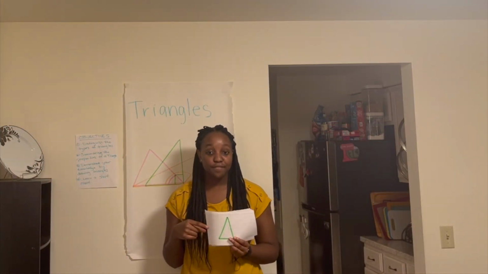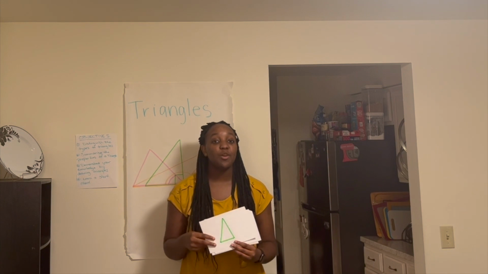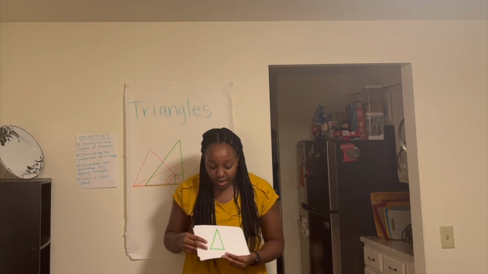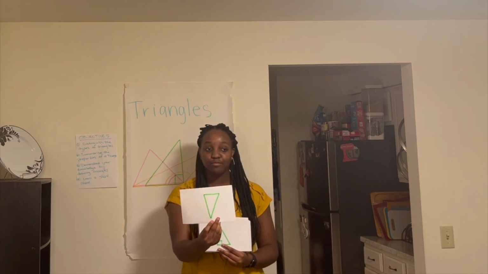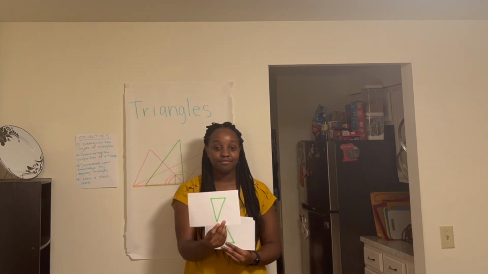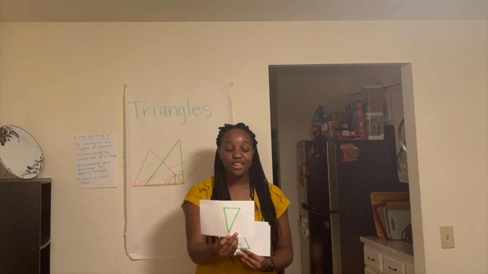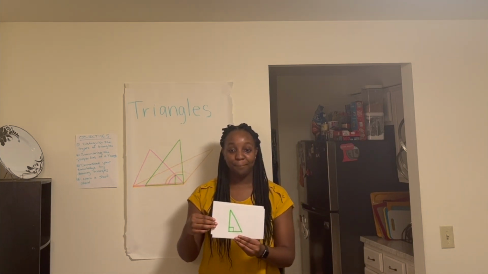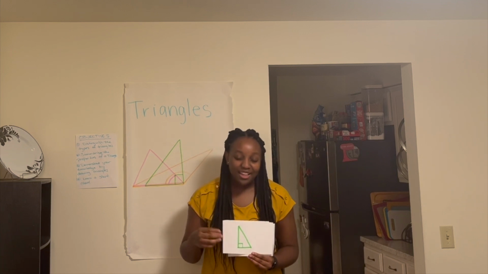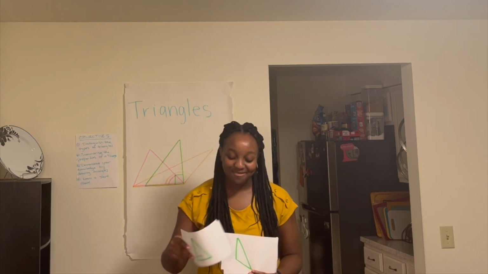So we're gonna do a quick check for understanding. I'm gonna show you the flashcards, and then you can tell me what type of triangle you see. So what is this first one? Acute? Acute, correct. All the angles are smaller than 90. Okay. What about this one? I believe that's a right triangle. Correct. That one was easy. It has the right angle. Good job, though.